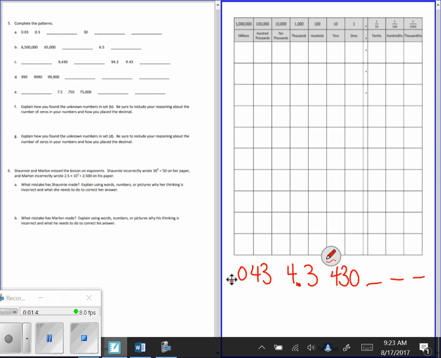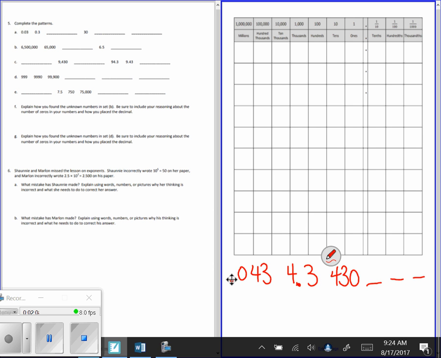But when you throw a decimal in there, it kind of gets a little bit more complicated. So I'm going to use the place value chart, because since I'm a visual learner, I can look at it and it's a lot easier to see it than it is to see it inside my head.